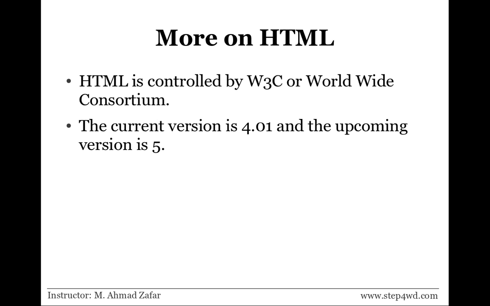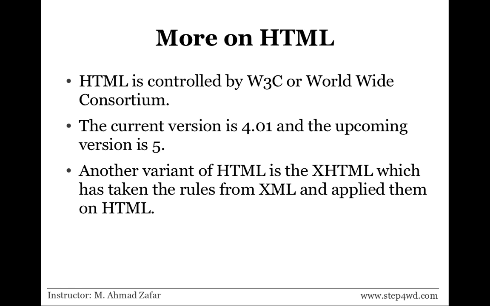The current version of HTML is 4.01, but the upcoming version is version 5. Although its finalization is way far away, many web browsers and many developers have started using it, so it's common practice to use HTML5, and that's exactly what will be our choice also.